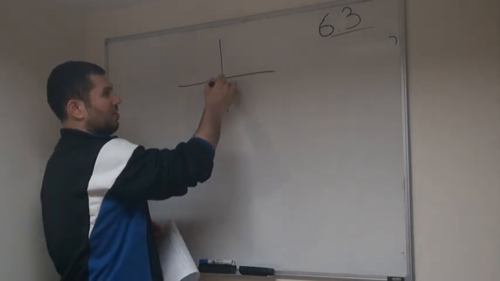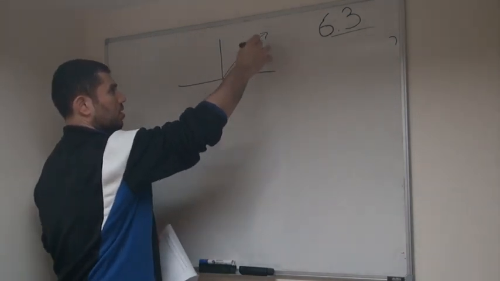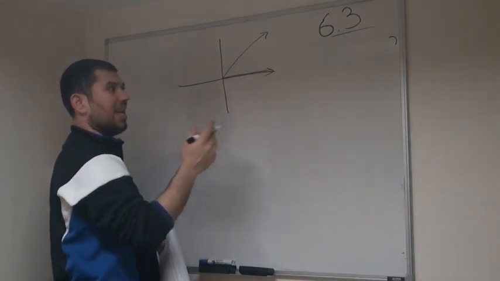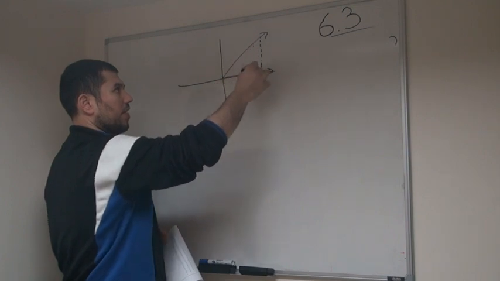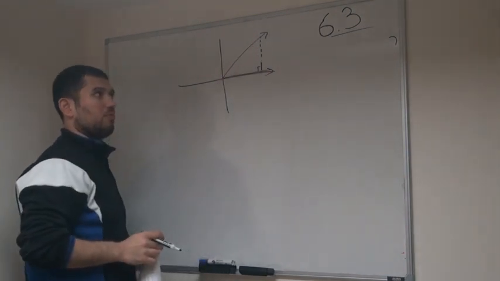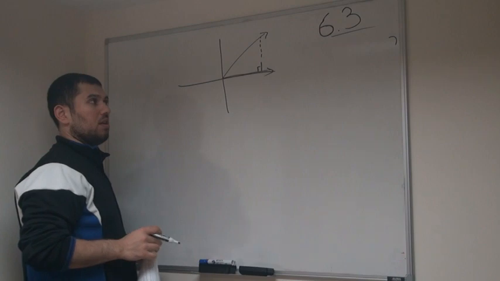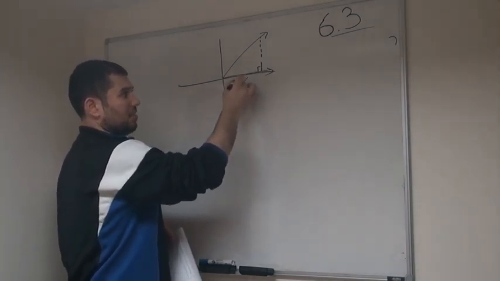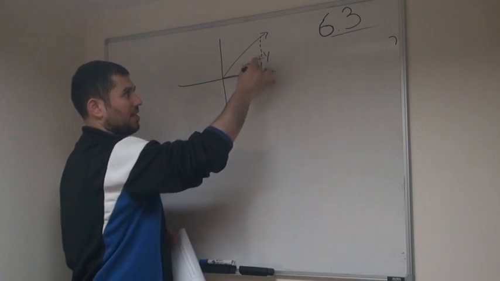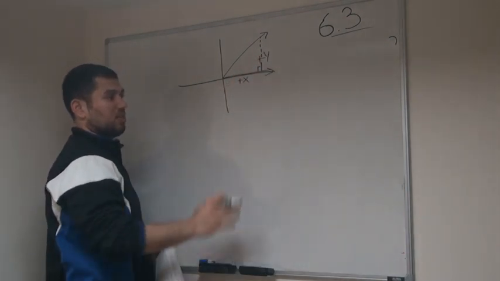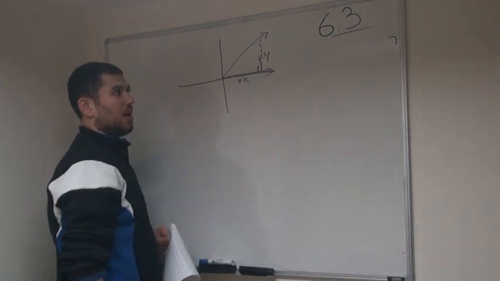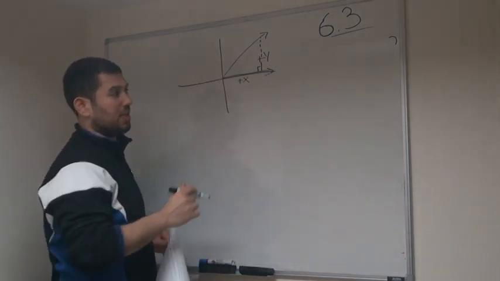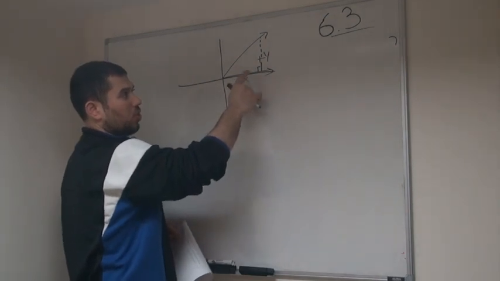If I have an angle that ends in quadrant 1, right? So let's say I have an angle that ends in quadrant 1, any angle. If I draw a right triangle that is representative of that angle, I know that the x value is going to be positive and the y value is going to be positive, because it's on the positive x-axis and positive y-axis. A hypotenuse is always positive because it's the square root of this squared and this squared.